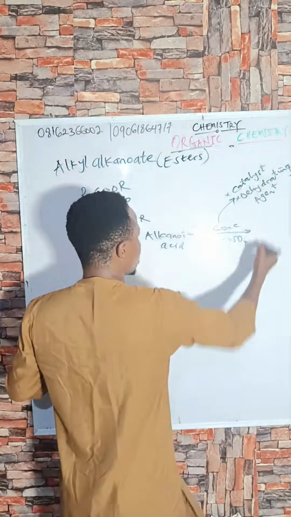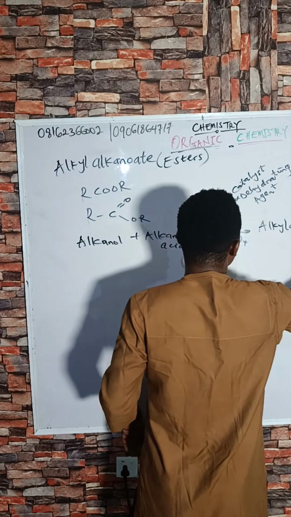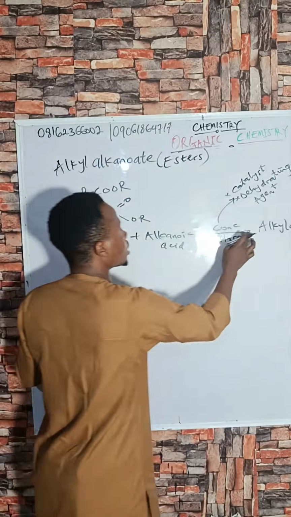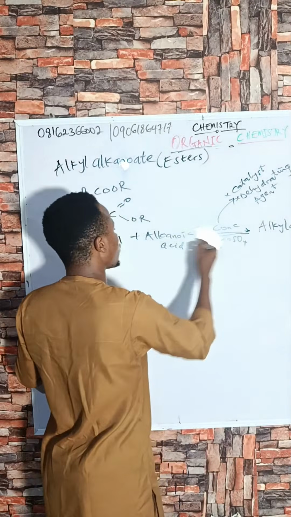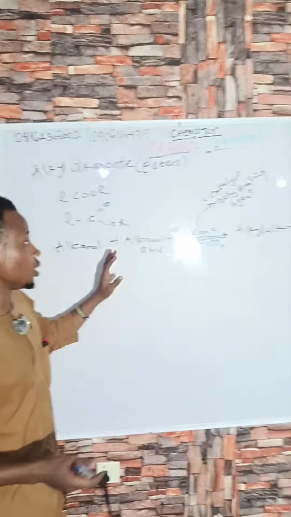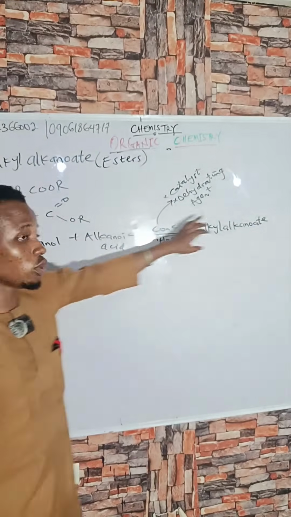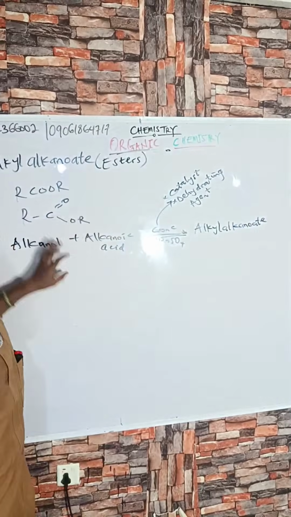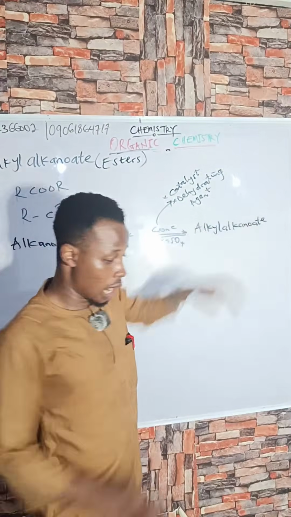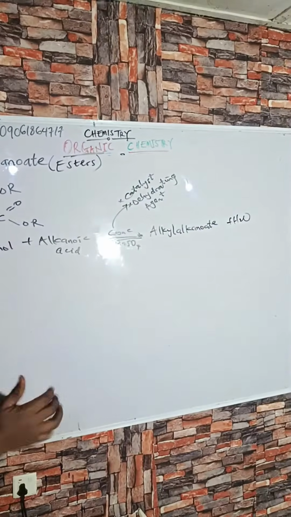Now, when this comes together, it gives us alkyl alkanoate. It is similar to neutralization reaction because it's like the reaction of an acid with a base. Alkanol is amphoteric. In neutralization, an acid reacts with a base to give a salt and water, and esterification also gives us a salt-like product and water.